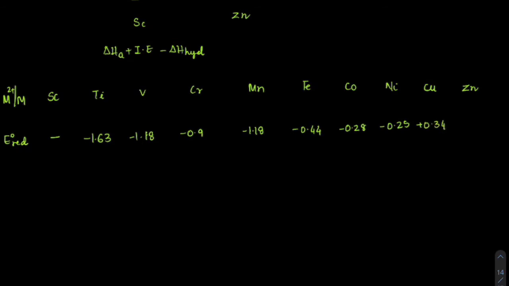If you just recall from electrochemistry, copper has a reduction potential of plus 0.34 volts and zinc has minus 0.76. So you could see the weird behavior only comes with manganese, copper and zinc.